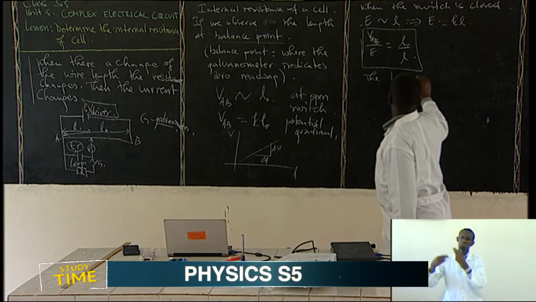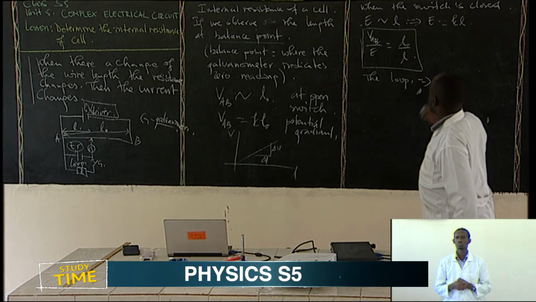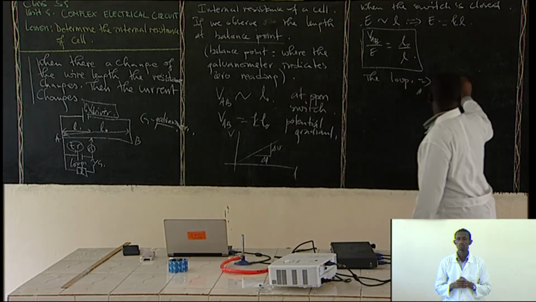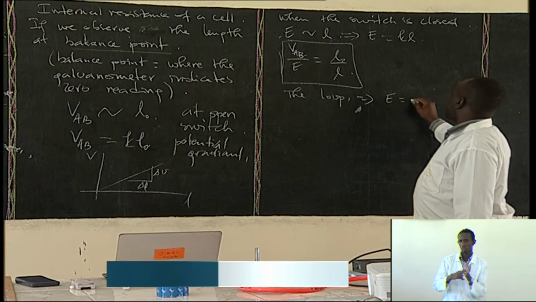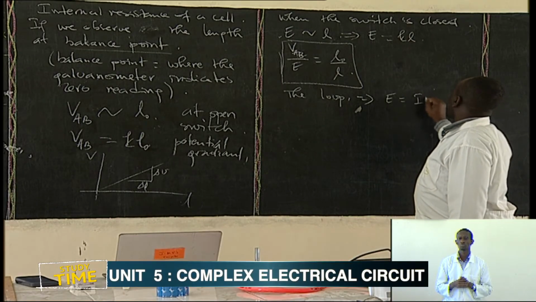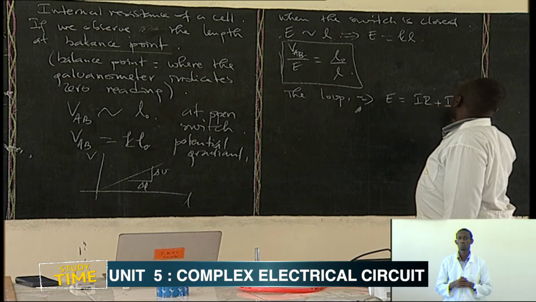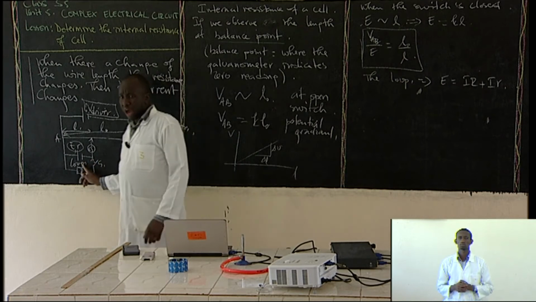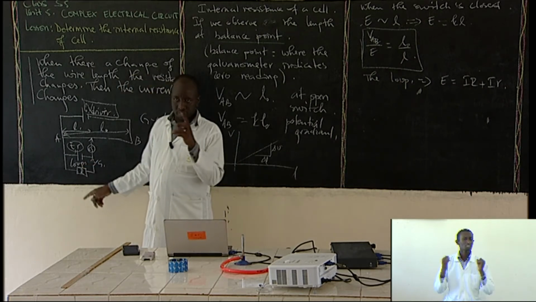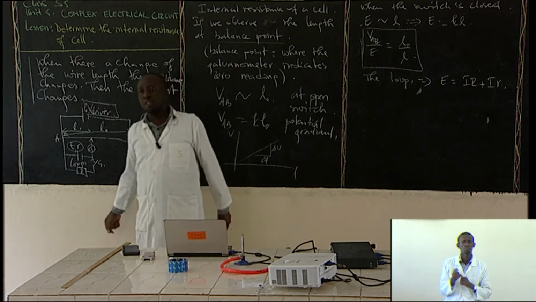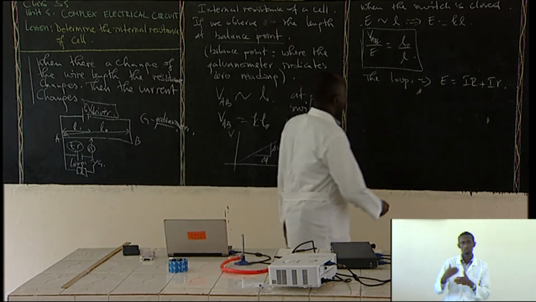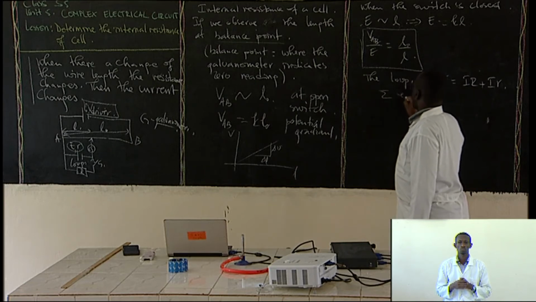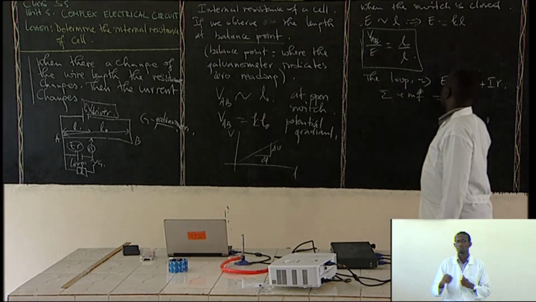So in this loop, when the switch is closed, then we have E, that is electromotive force, equals the current times R plus current times this one. So please, we are trying to apply the Kirchhoff's law that we defined in the other lesson, whereby we say the sum of the EMF around the loop equals 0.